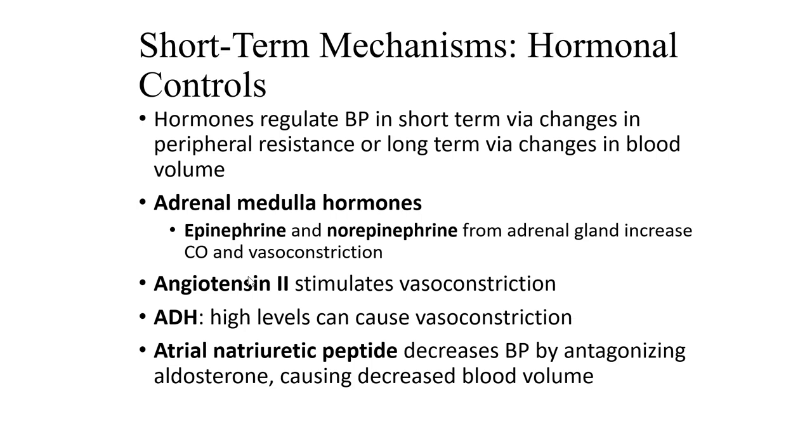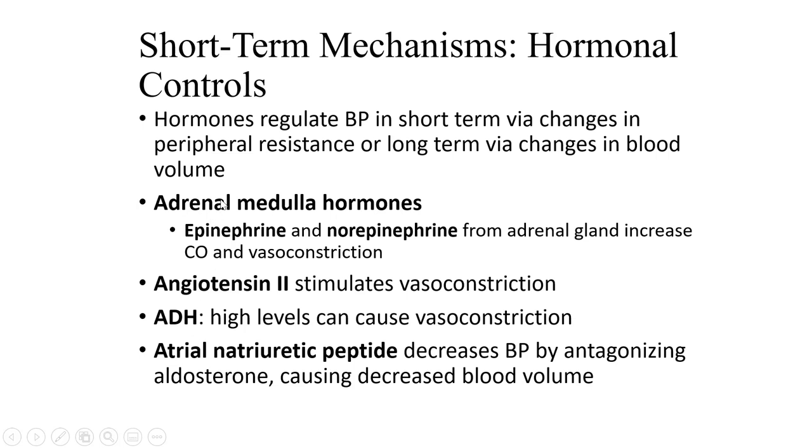Then you have another hormone which you call the antidiuretic hormone. High levels of this can cause vasoconstriction. And you have your ANP, which is your atrial natriuretic peptide. Among all the hormones mentioned here, the ANP is the only one that would decrease blood pressure by antagonizing aldosterone, causing a decreased blood volume.